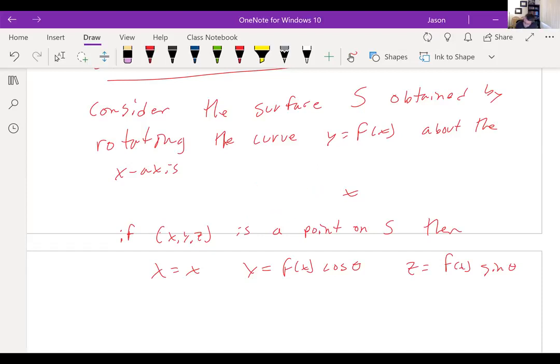It's kind of messing with my brain. I'm going to redraw it.